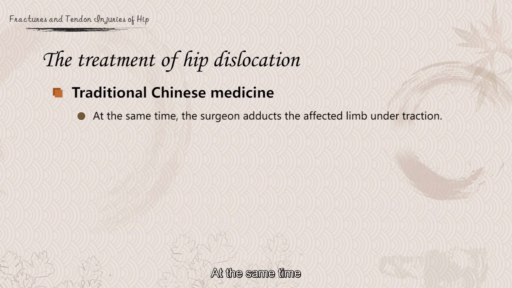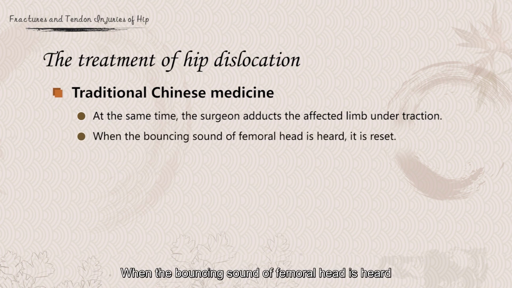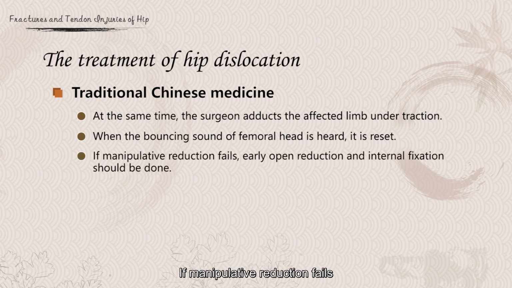At the same time, the surgeon adducts the affected limb under traction. When the bouncing sound of the femoral head is heard, it is reset. If manipulative reduction fails, early open reduction and internal fixation should be done.